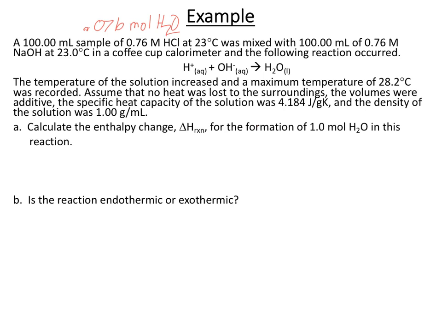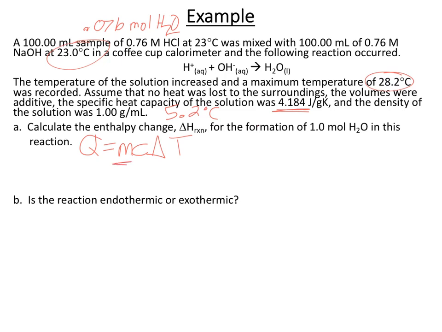Okay, so we need to determine the enthalpy change for what we actually have at this point. To do that, we know that our volumes are additive. We know that this equation is going to help us. We see we have our C here. Our delta T, which is T final minus T initial, is going to be 5.2, so 5.2 degrees Celsius, that's our delta T. And we're looking for our Q. So we need to find our mass.